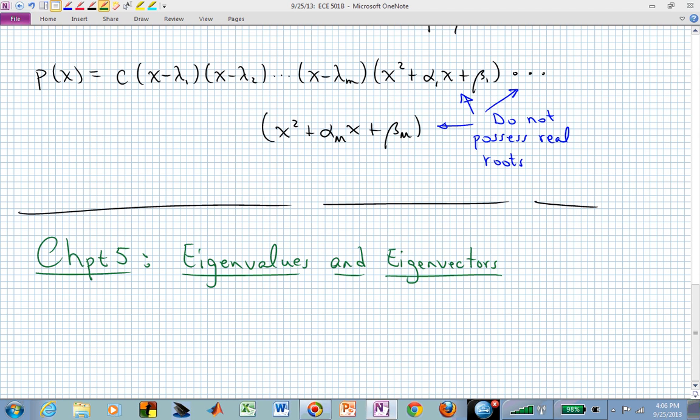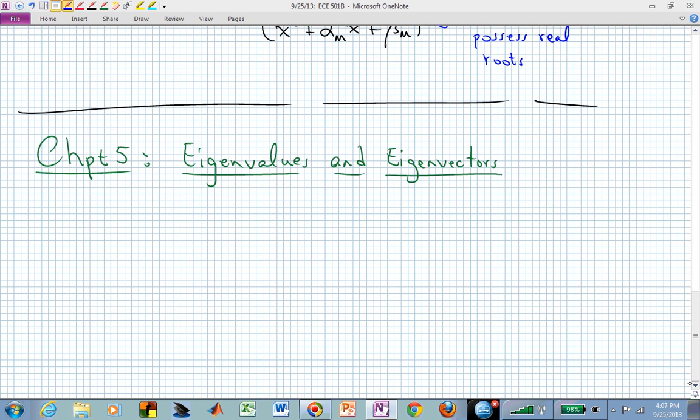We'll just use that information from chapter 4, which now allows us to jump immediately into chapter 5. And in chapter 5, now we are playing with what we will spend most of the semester dealing with, and that is working with operators.